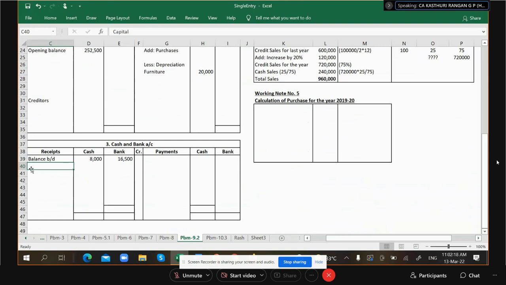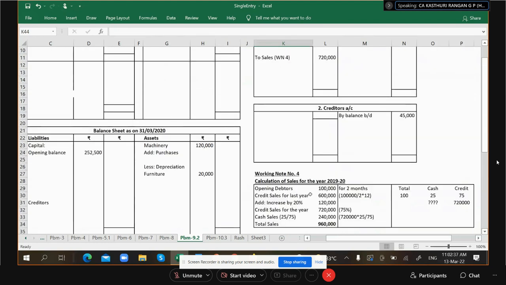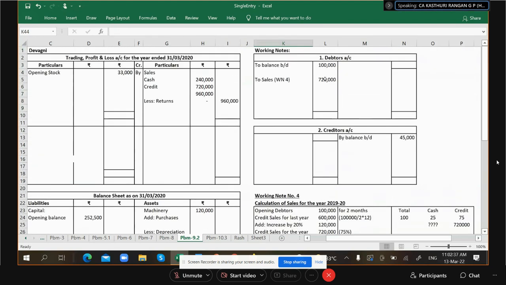So cash sales, cash account debit to sales, 240. Credit sales, debtors account debit to sales, 720. And you'll put it in the trading account, cash and credit.